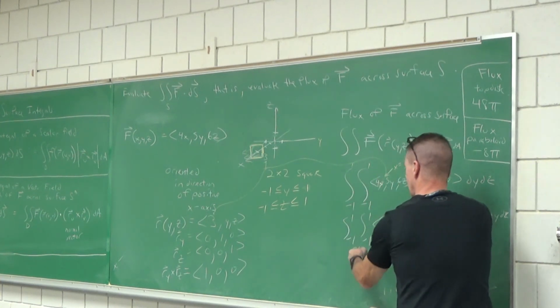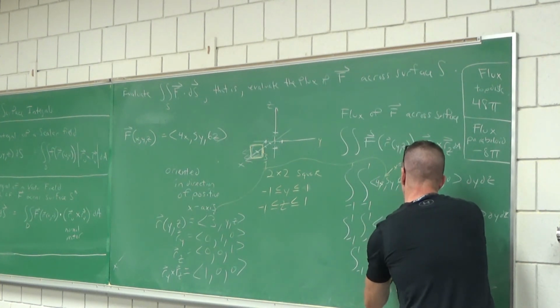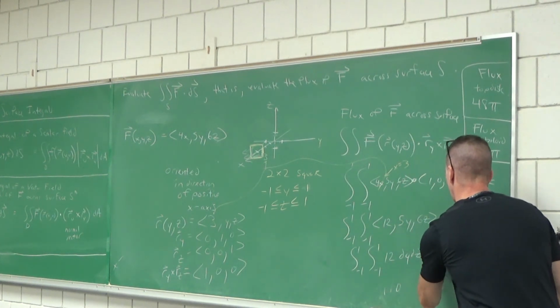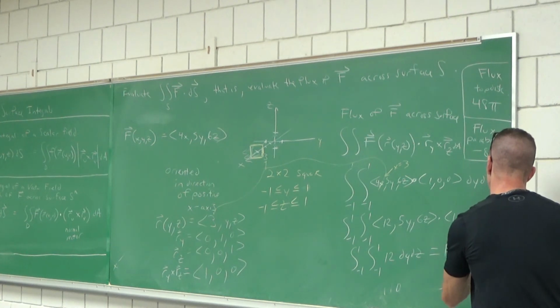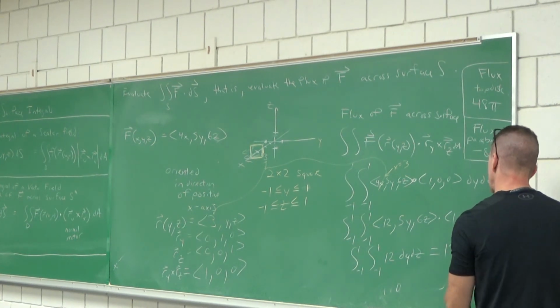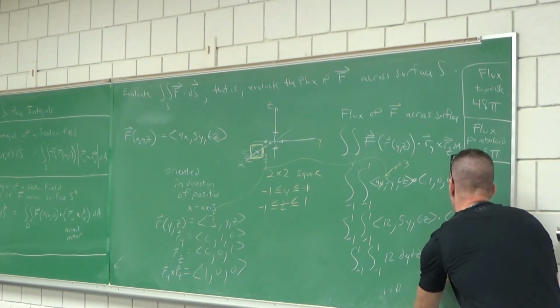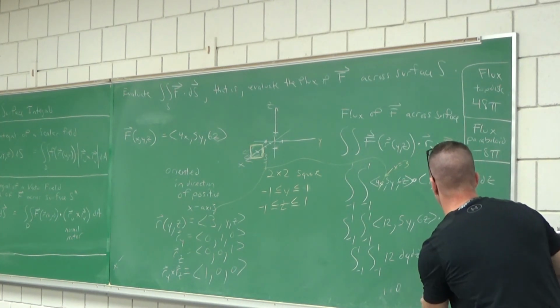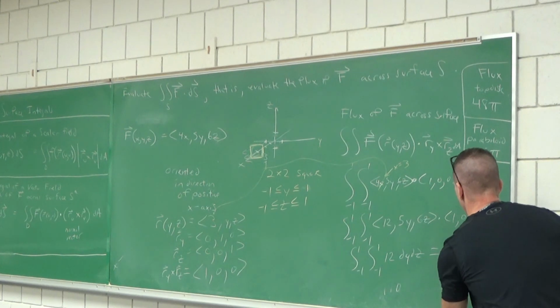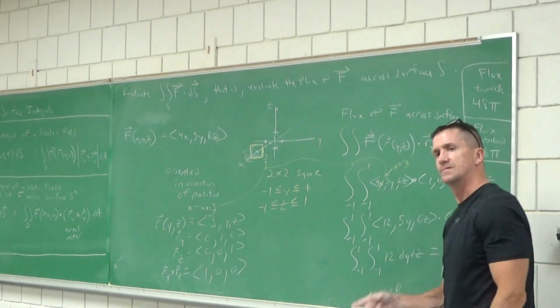So he goes negative 1 to 1, negative 1 to 1, this becomes a 12, dy dz. I can take out the 12 and multiply the area of the square. Well, what's the 2 by 2 square? 4. 12 times 4 is? 48. That's the flux across that side.